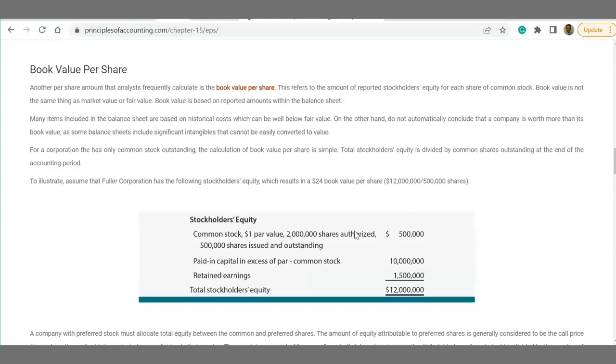And that's authorized. That doesn't mean it's issued, because when the company started, day one, it's authorized 2 million, but issued 0. And then on day one of going public, like IPO or whatever, they issue shares. So they decided, let's say, to issue 500 shares out of this total available 2 million.